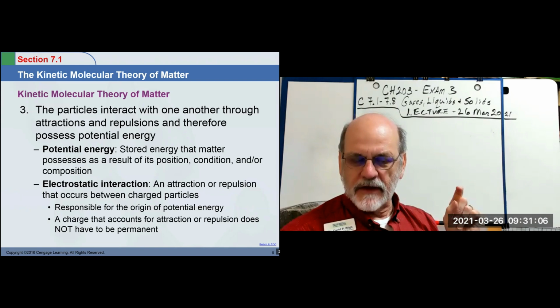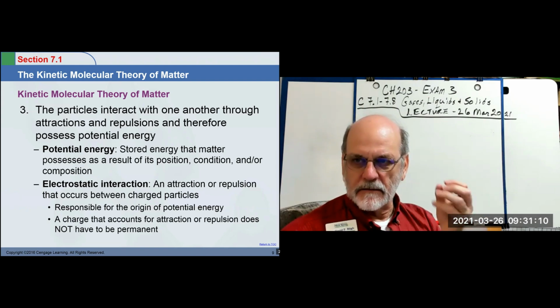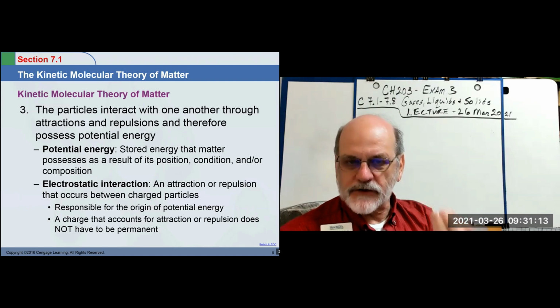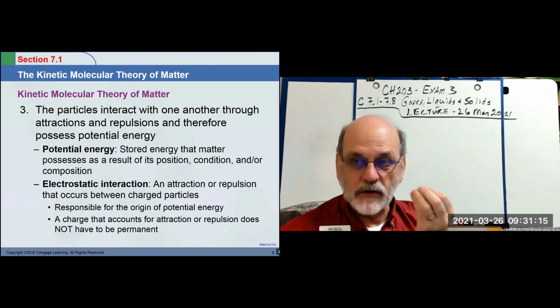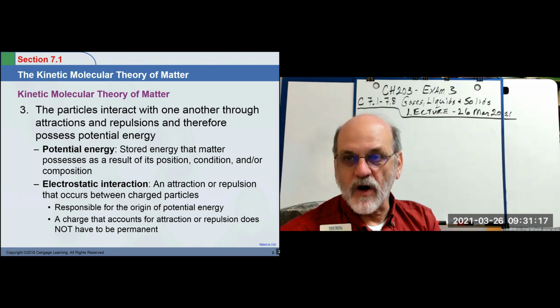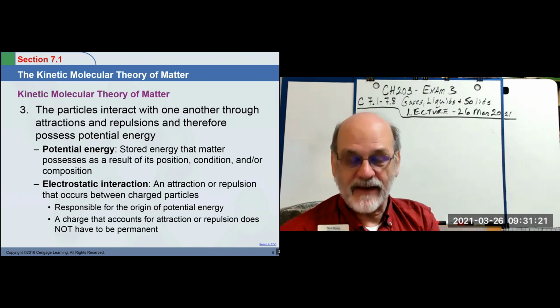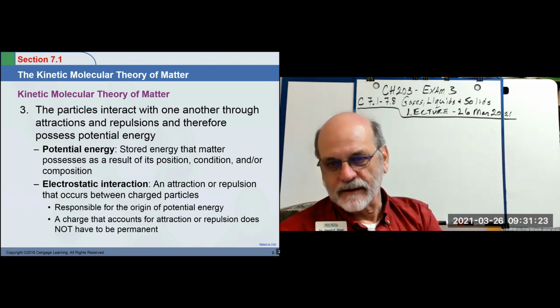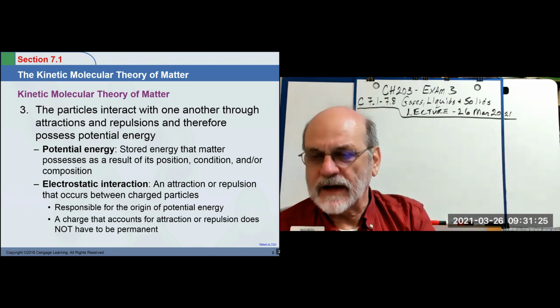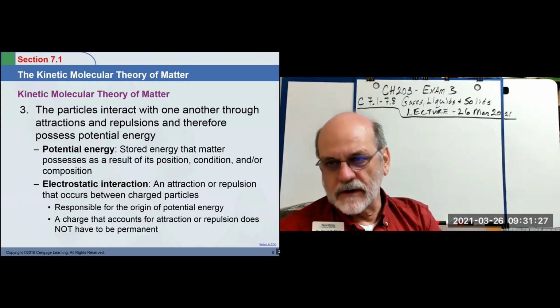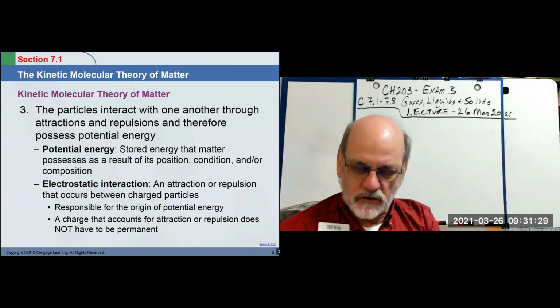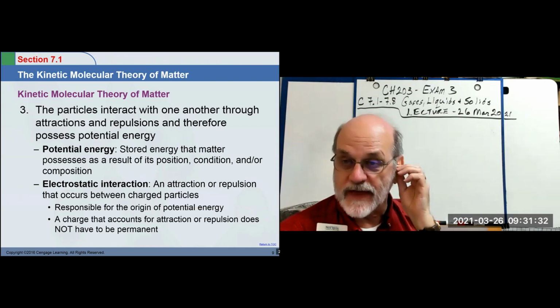But the kinetic molecular theory, in its purest form, assumes that the particles do not interact. This is called an ideal. In the beginning, it was called an ideal gas. But for an ideal liquid and an ideal solid, you have to tweak the theory a little bit to account for that.